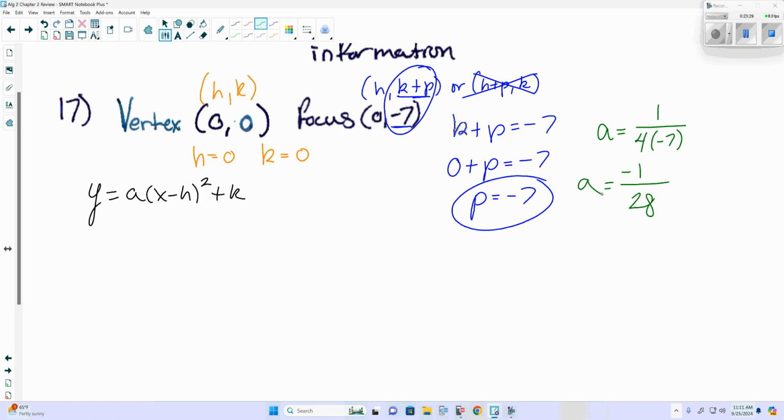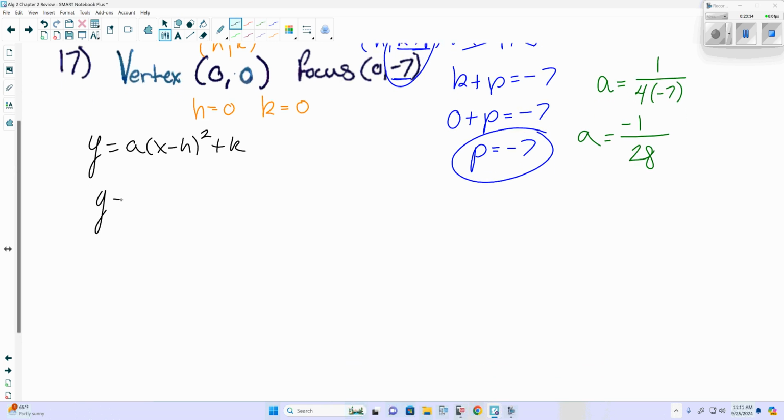So our value of A is -1/28. Which tells us our equation is Y is equal to, we plug in our value of A, -1/28, times X minus 0 squared plus 0. If you leave that as your final answer, that is correct.